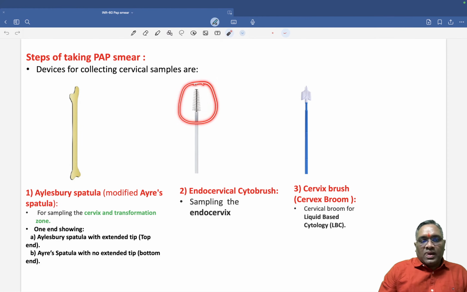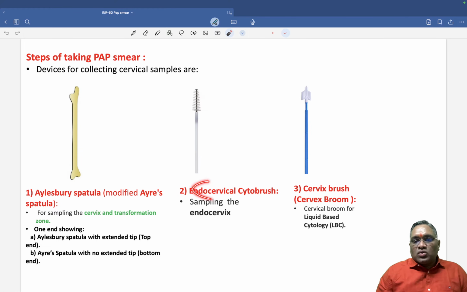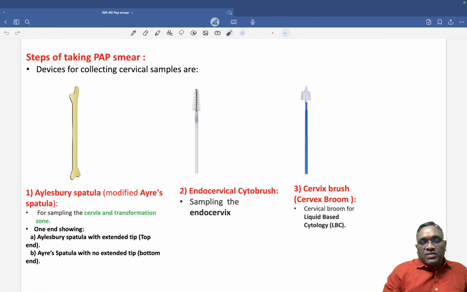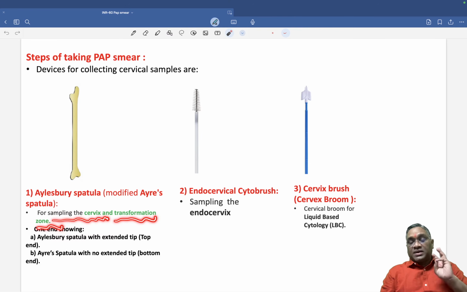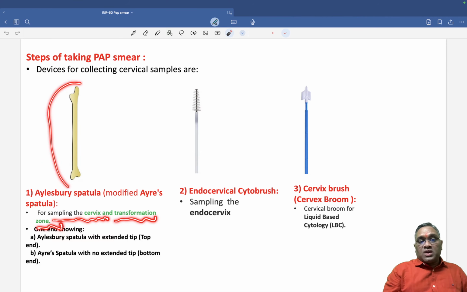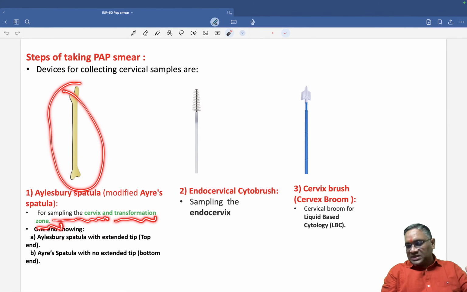Then we have the endocervical cytobrush. Remember, this is the cytobrush. We can see the brushings here. It is used for sampling of the endocervix. Remember the uses. Why do we use the Aylesbury spatula? It is for sampling from the cervix and transformation zone. Remember, cervix and transformation zone, we use the Aylesbury or Ayers spatula.